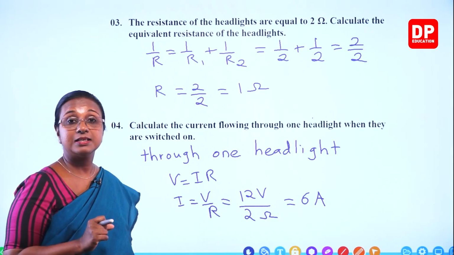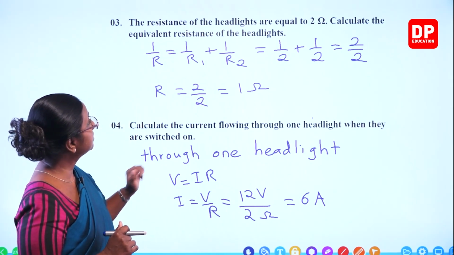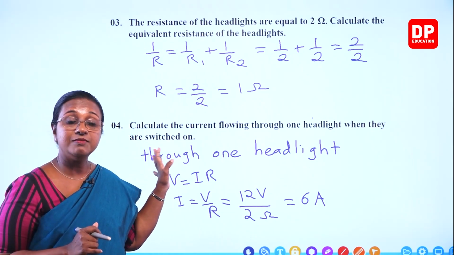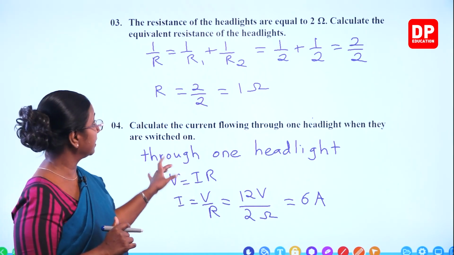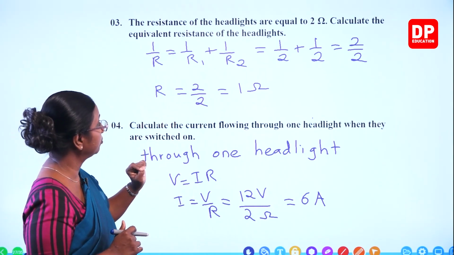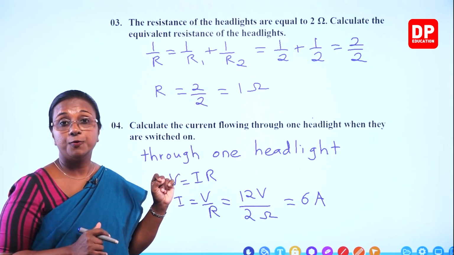6 amperes current. So here we have calculated the equivalent resistance. Now this is for the circuit given to us. In that the headlights are connected parallelly. So 1 over R1 plus 1 over R2, you get the equivalent resistance as 1 ohm.